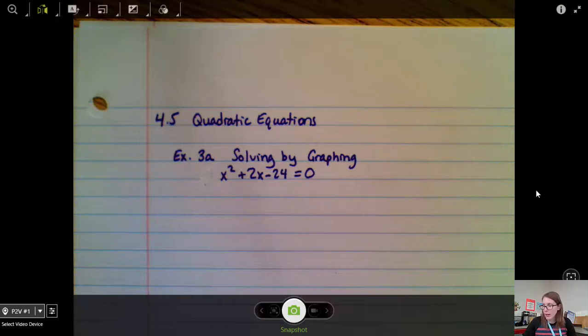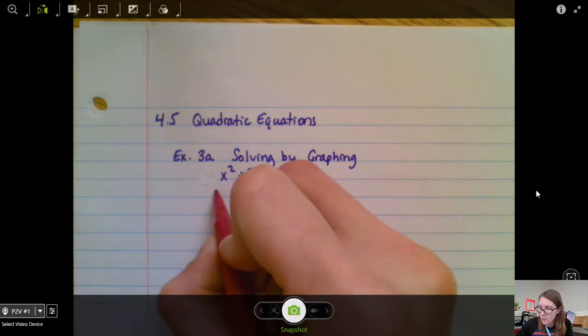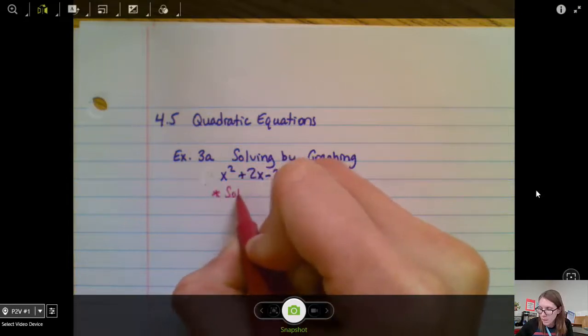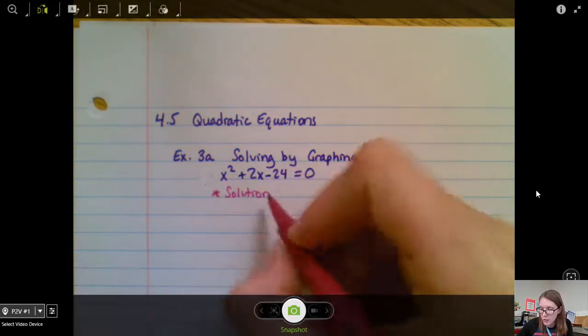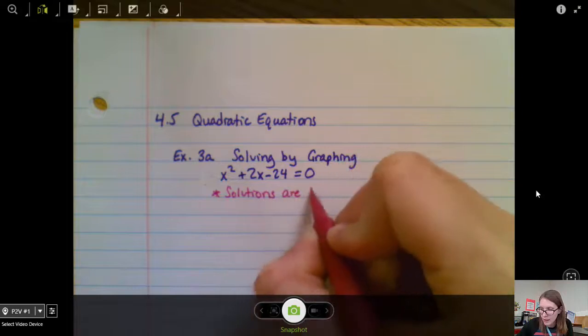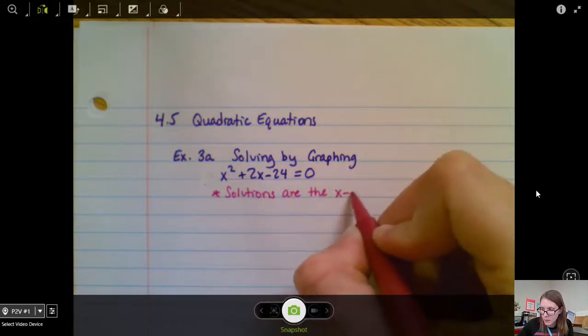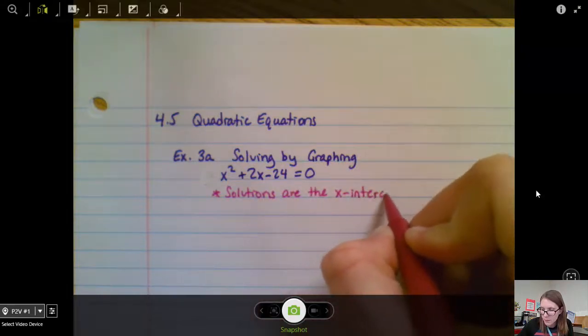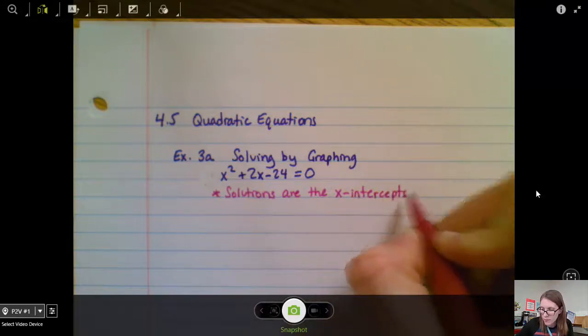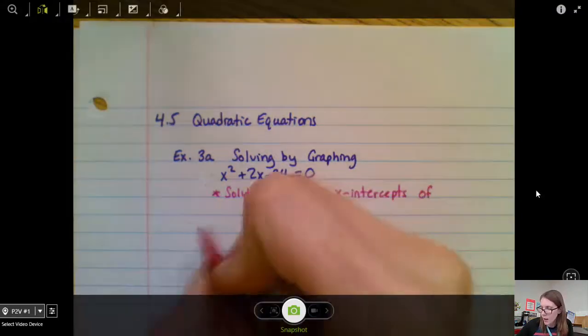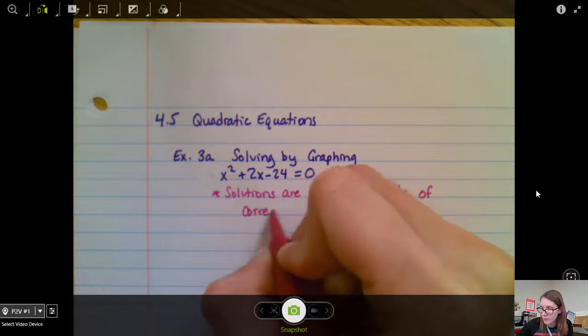So keep in mind, again, that when we are solving quadratic equations, our solutions are the x-intercepts of the corresponding function.